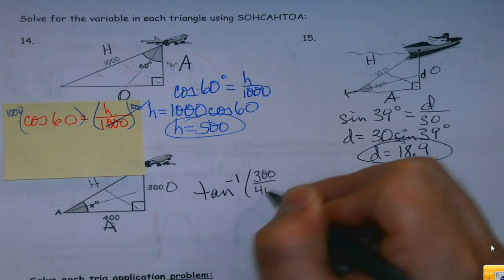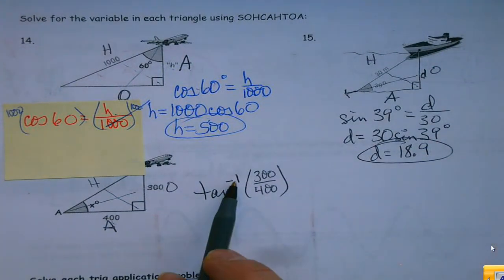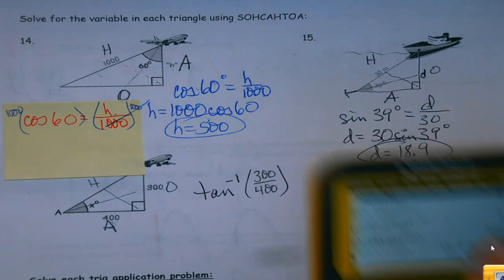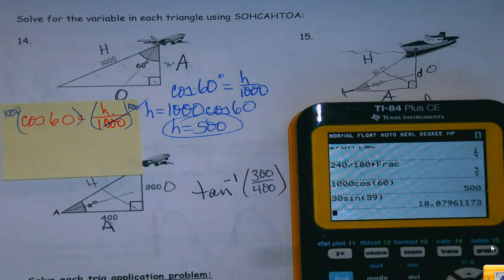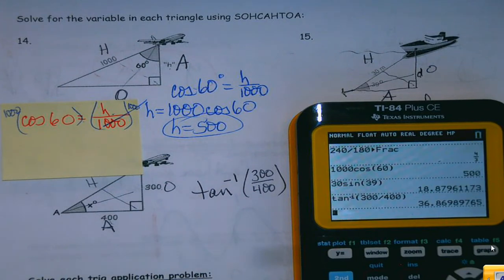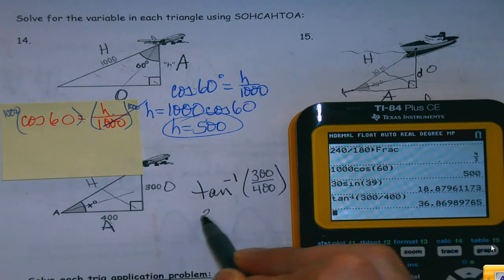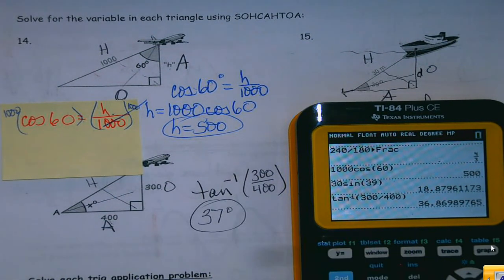Opposite over adjacent. So how do I get the little -1 dealio there? Second. So second, that'll get me an angle measure. And then just type in the fraction. And again, normally here, we'll go to the nearest whole degree. If you wrote 36.9, wouldn't get marked wrong.